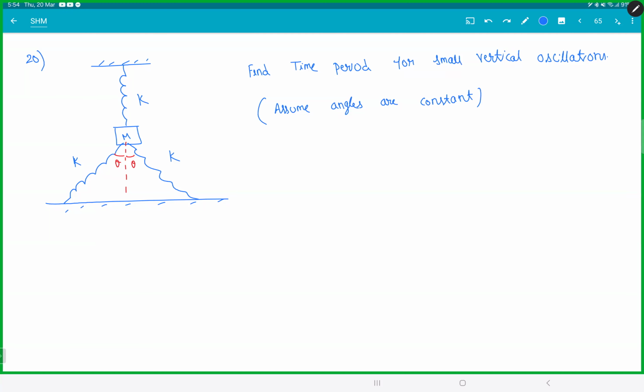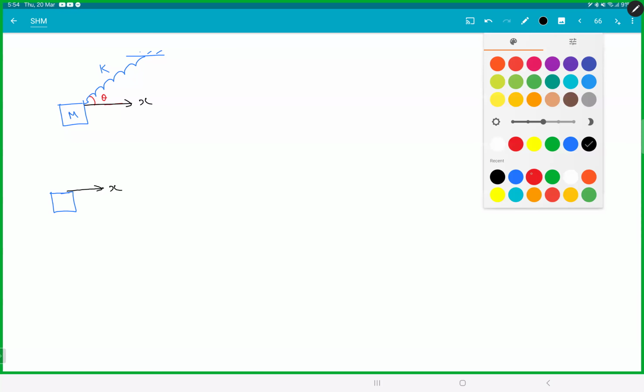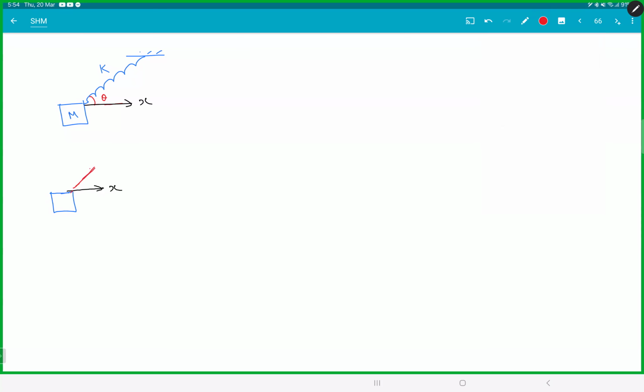Let me help you with something. Suppose we have a block M here and we have a spring at an angle. Let's say this is theta. Now, if I push this by x in this direction, how much will the spring go?